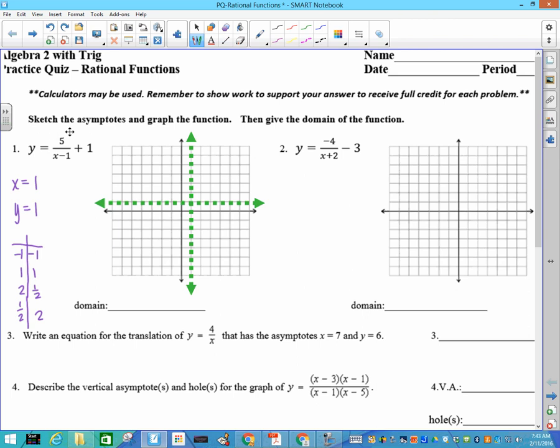But if this number is 5, I hope you realize that this 5 is up top, not down here with the x, so it's affecting the y, which means that instead of having the point 1, 1, I now have the point 1, 5. So from the intersection of my asymptotes, I can go over 1 and up 5. 1, 2, 3, 4, 5. That's the vertical stretch that's going on.